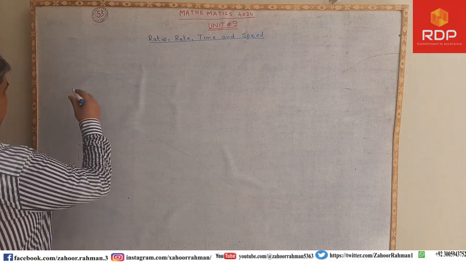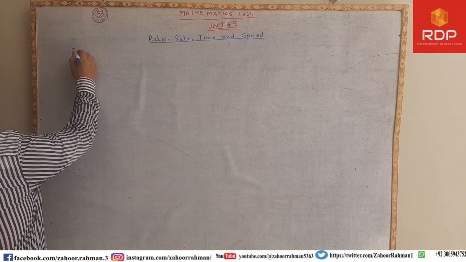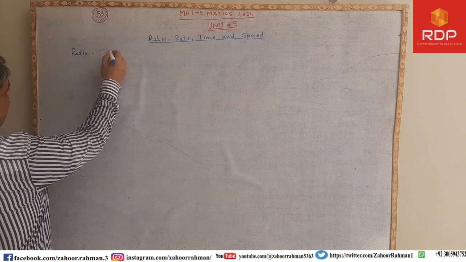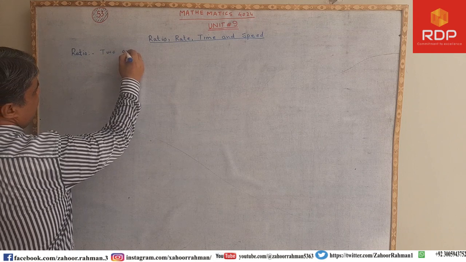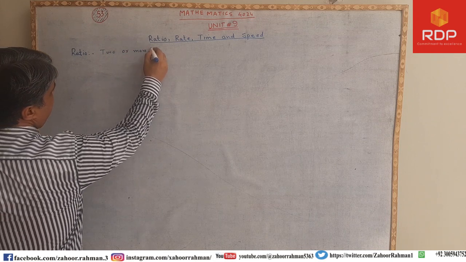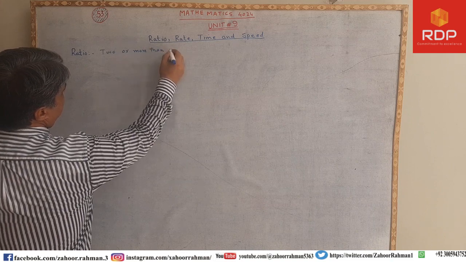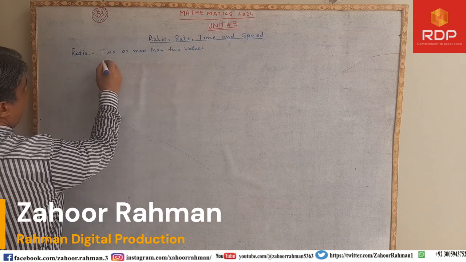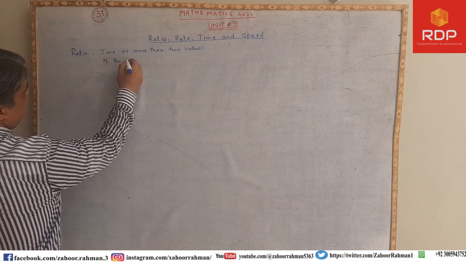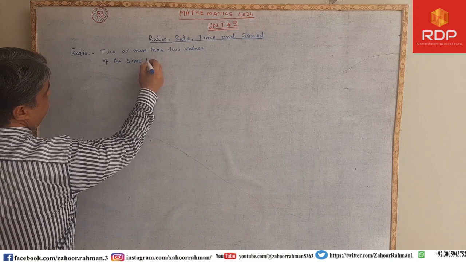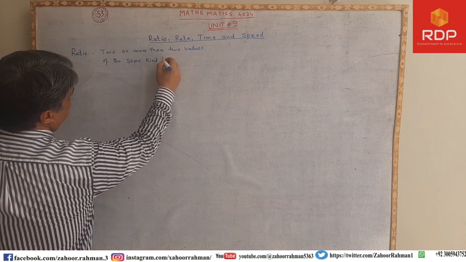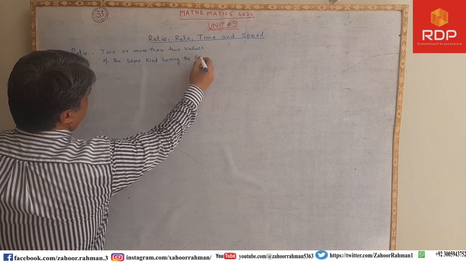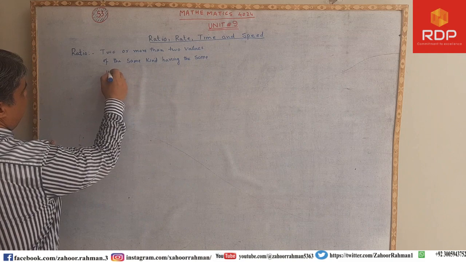Now what is ratio? When we are going to compare two or more than two values of the same kind, having the same unit, then we are using ratio.